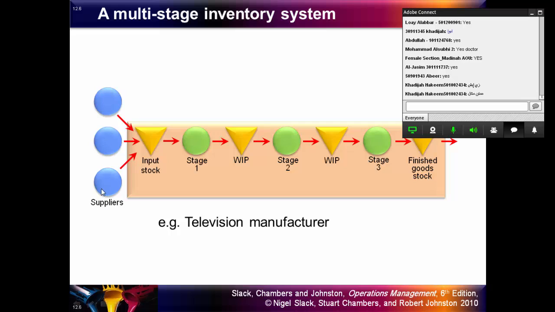The suppliers bring the small circuits that go inside the television, and then we make the control board here, and then we take this control board to another stage to finish another thing, and finally we get the television and we stock it in the final stage.